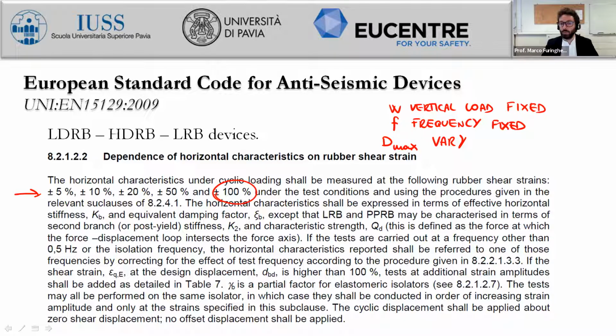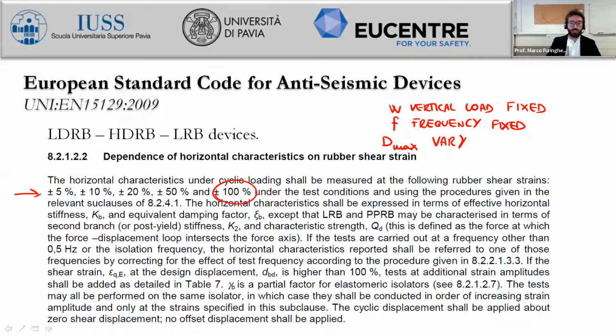And generally, what we can find is that if we consider higher and higher displacements, we get a decreasing value of damping, and also a decreasing value of shear modulus. That should be the general behavior that can be observed in the experimental tests, and this is what we want to analyze by considering the data processing of those tests.